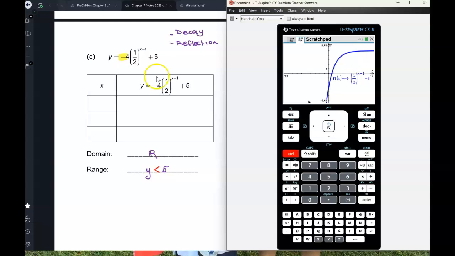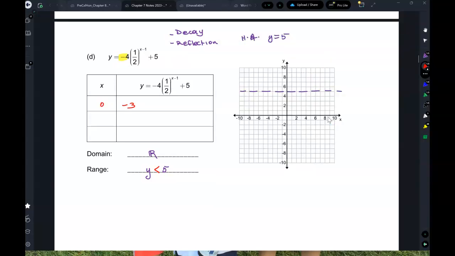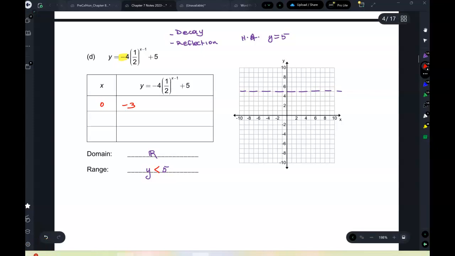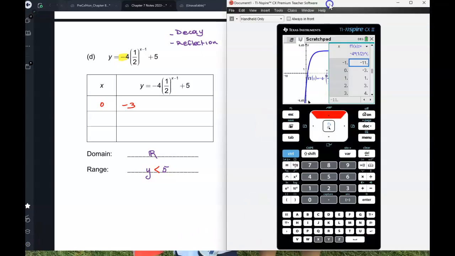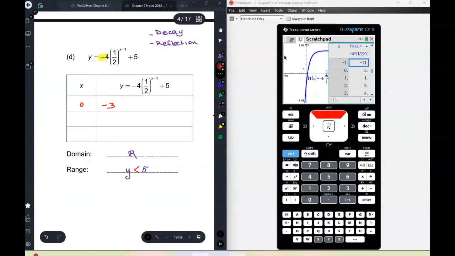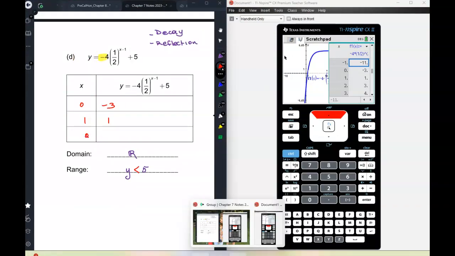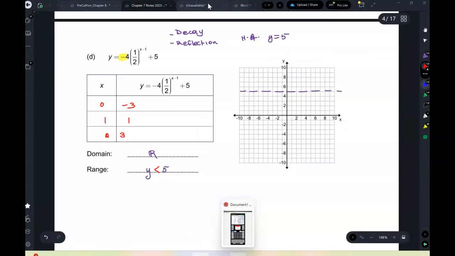So let's see if I do Control T. Okay, so for -1, it's -11. So I don't have to pick that one. So I pick 0, -3, right? And what else? 1, it's 1. 2, it's 3, right? So this is what I mean, you have full freedom to do that. So 0, -3; 1, 1.